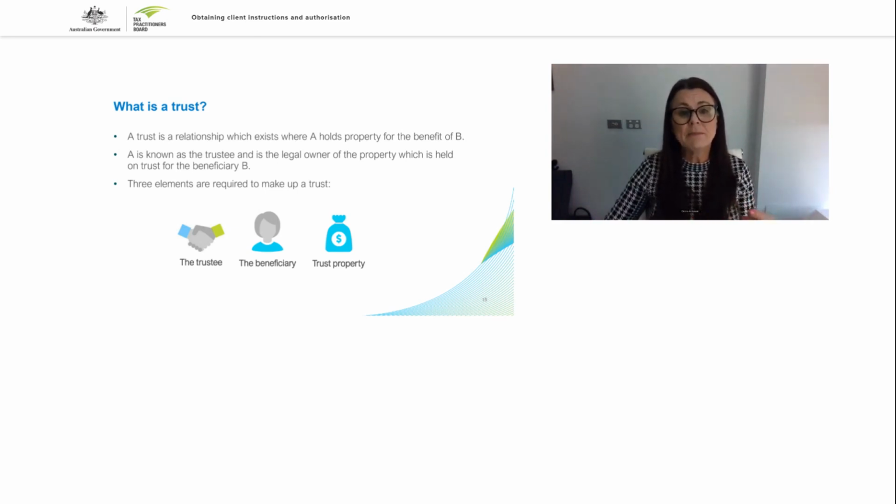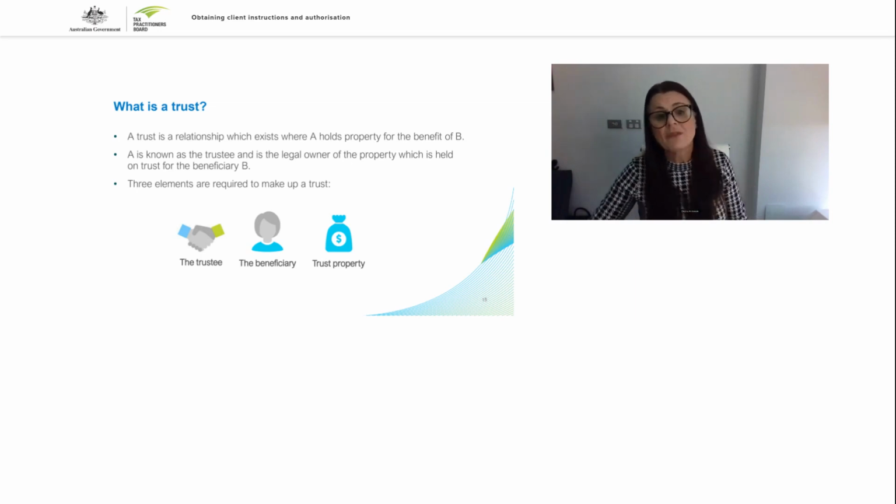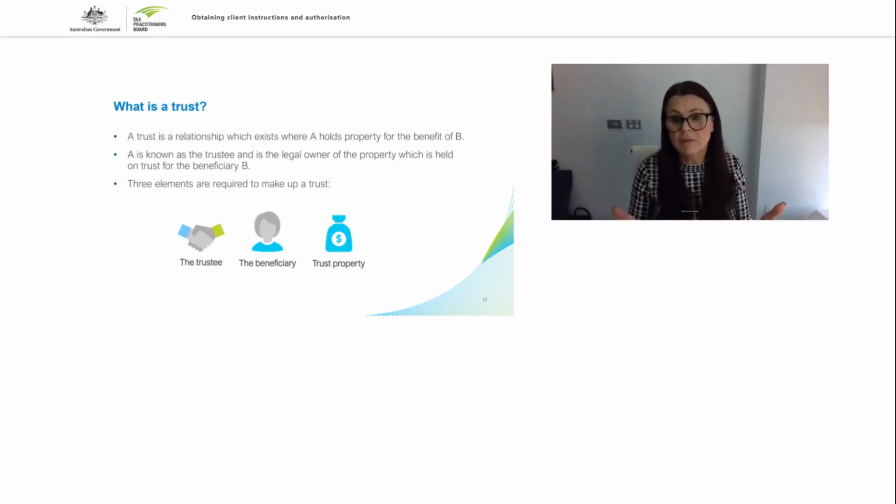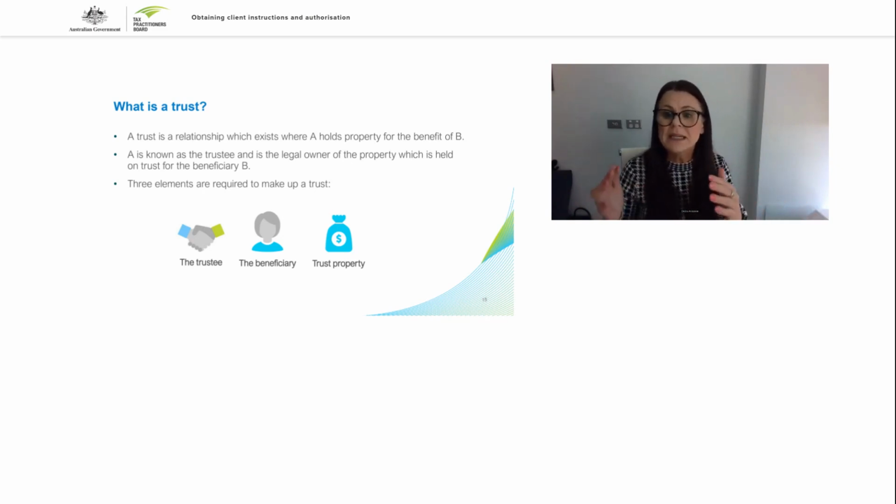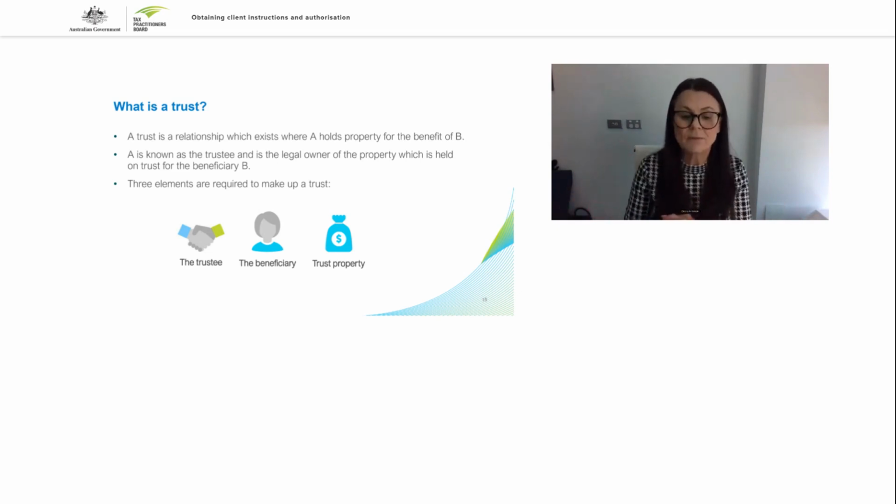The trustee can be an individual, a group of individuals or a company, and there can be more than one trustee and more than one beneficiary. Where there is only one beneficiary, the trustee and the beneficiary must be different if the trust is to be a valid trust. While the trustee is the legal owner of the relevant property, the property must only be used for the benefit of the beneficiaries.